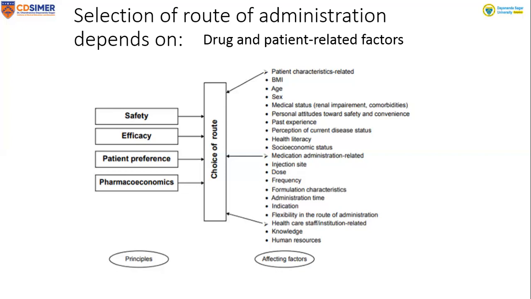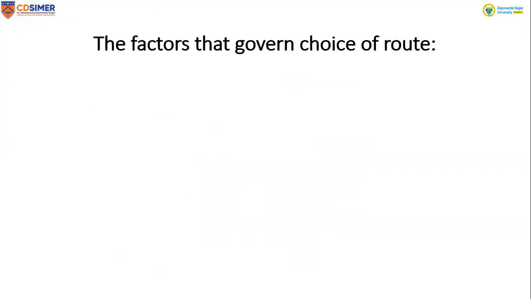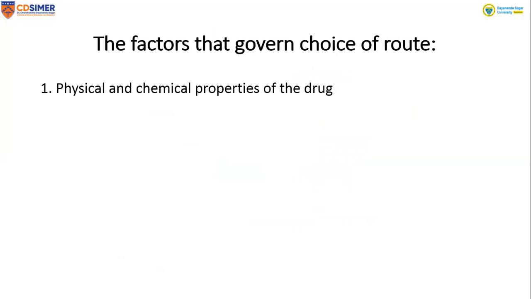So like this, varieties of drug related factors can be considered, and also patient related characteristics can be considered. So the factors that govern the choice of route are physical and chemical properties of the drug, then emergency or routine use. If it is an emergency, then we prefer to give injections. If it is a routine case, then we prefer to give oral route.